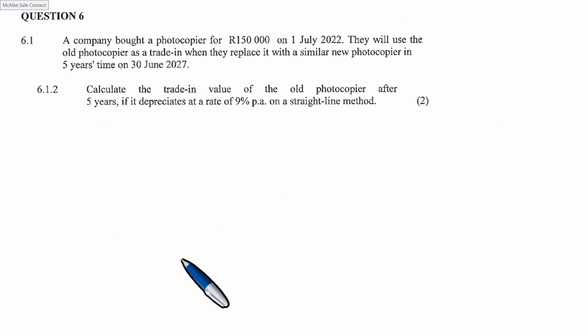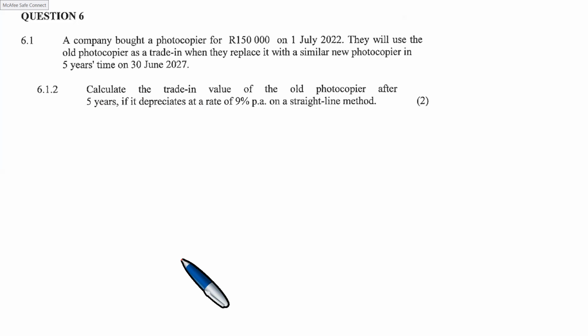They will use the old photocopier as a trade-in when they replace it with a similar new photocopier in 5 years' time on 30 June 2027. 30 June obviously suggests the end of June, and the photocopier was bought on 1 July 2022.